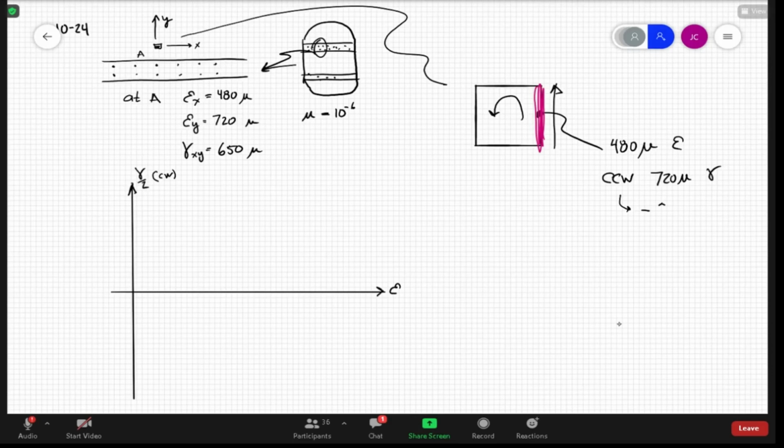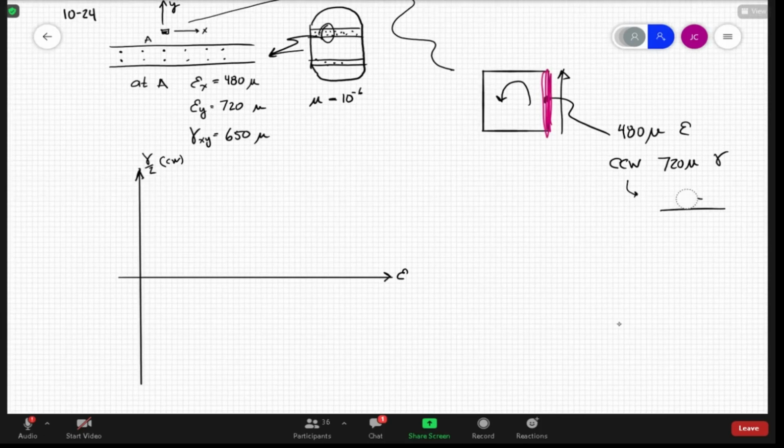Does that make sense, why it's negative and why it's over 2? I wrote the wrong value because I wrote 720, and the problem says 650, so that ain't right. But still, it's going to go counterclockwise, so it's minus 325, right? Because we divide by 2, and it's a negative.